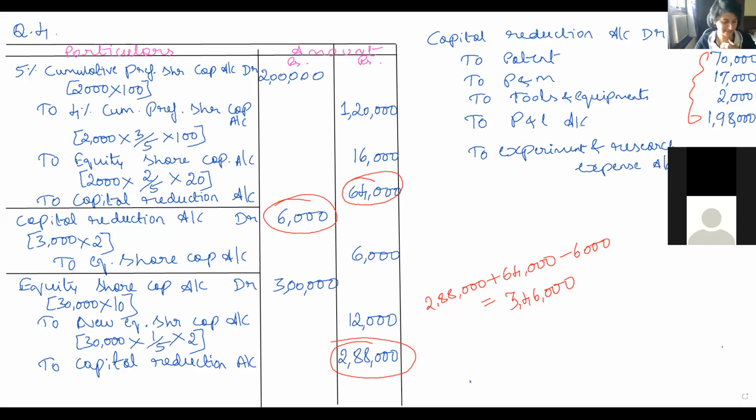Out of 3,46,000, what is the left out amount? How much is left out, बच्चों? Anyone calculate? 59,000. कितना? 59,000. Okay. So 59,000 is left out, which is transferred to experiment and research. Okay, done. हो गया. You understood?